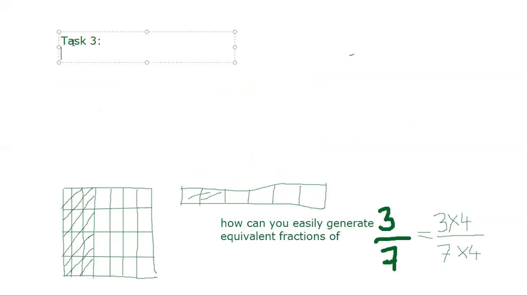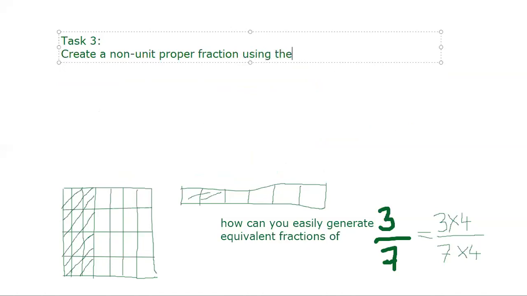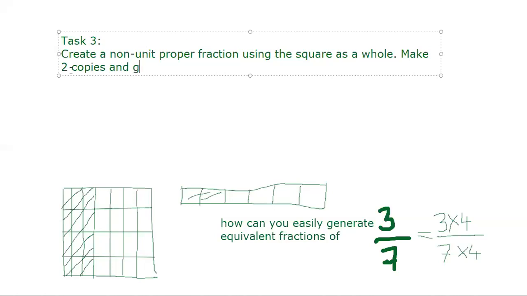This is something you need to do. Create a non-unit proper fraction using the square as a whole. Make copies and 2 more copies, and generate 2 equivalent fractions using them.